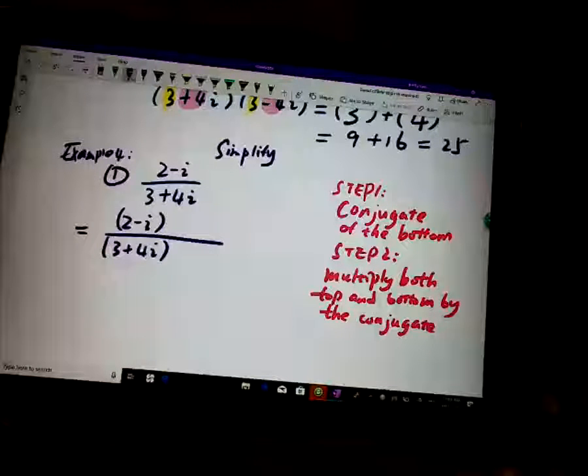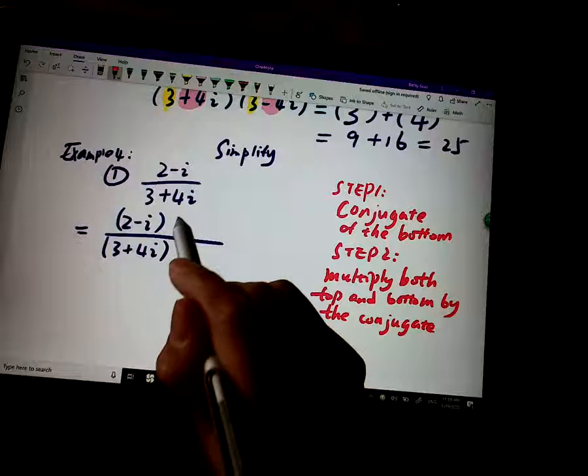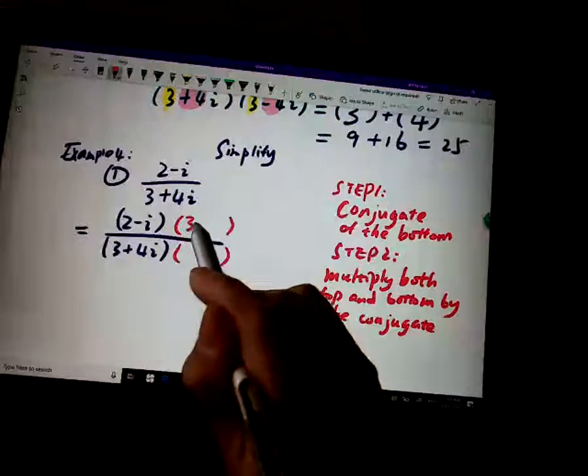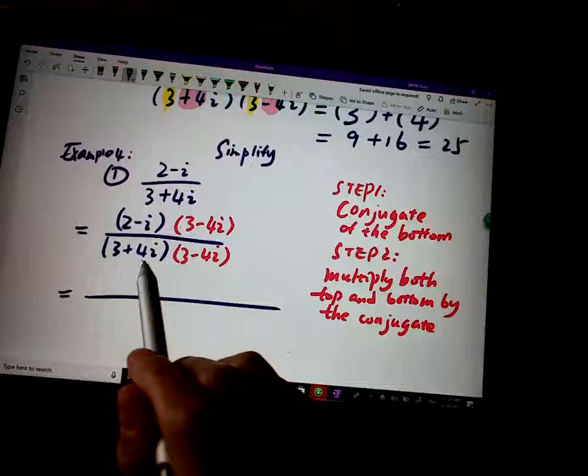The denominator is 3 plus 4i. What is the conjugate of 3 plus 4i? Yes, 3 minus 4i. Once you have the conjugate, step 2, multiply both top and bottom by the conjugate. Okay? 3 plus 4i times 3 minus 4i.